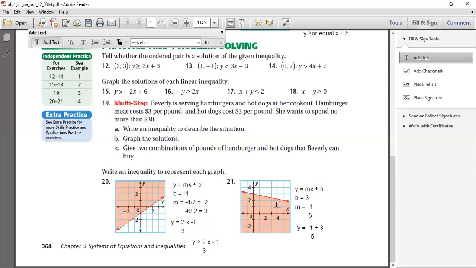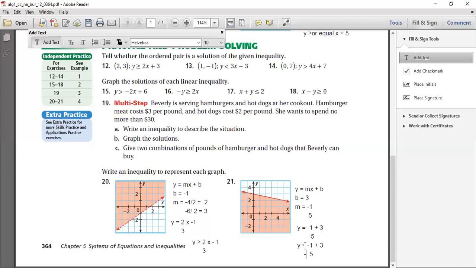Now, is the shaded part above the line or below the line? It is, of course, below the line. So which means it's going to be y is less than or equal to. Please, girls, do put the small line under the less than sign, because I cannot do it. Don't get confused that the negative belongs to the 5.